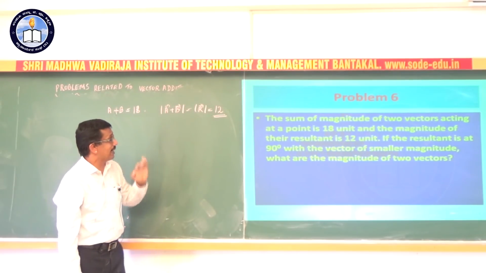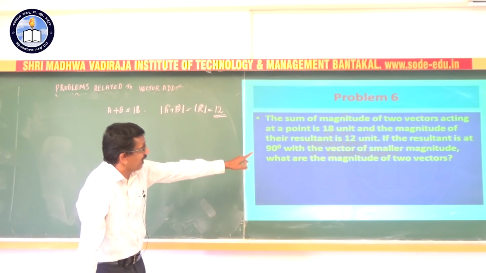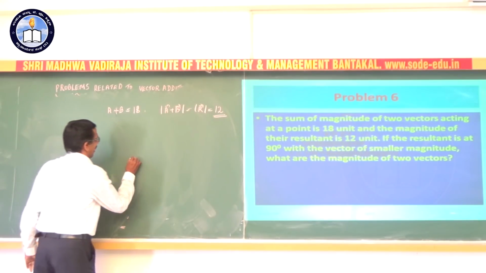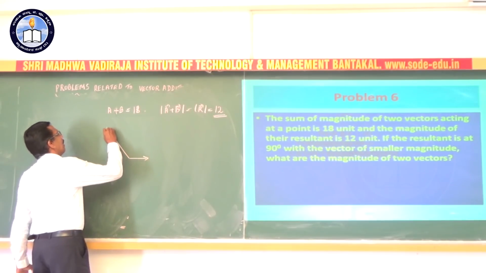In addition to that, they have given that the resultant makes 90 degrees with the vector of smaller magnitude. Say A is the smaller magnitude vector, and this is the bigger magnitude.